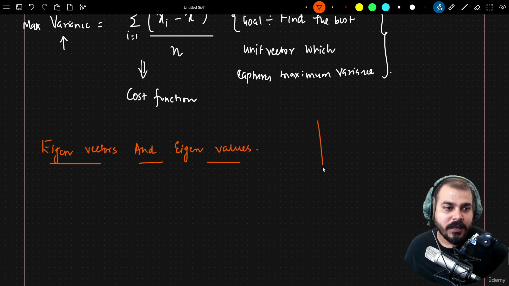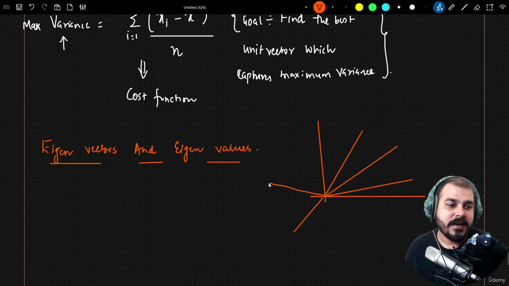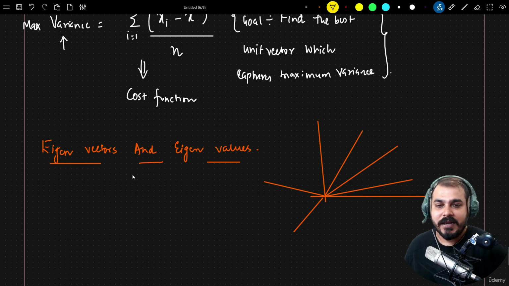Because our main aim is, as said, right, we really need to find out the unit vector, right? Whether the unit vector should be this, or this, or this, or this, right? So how do I find out which unit vector we should basically select to capture the maximum variance? So for that, we will be using something called eigenvectors and eigenvalues.